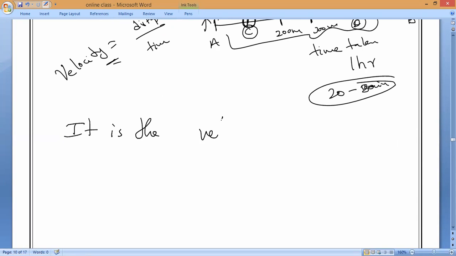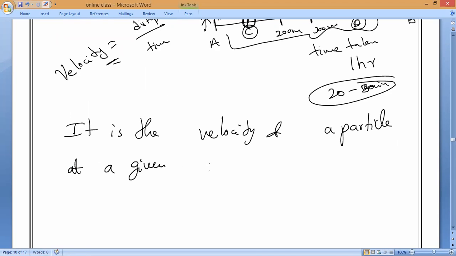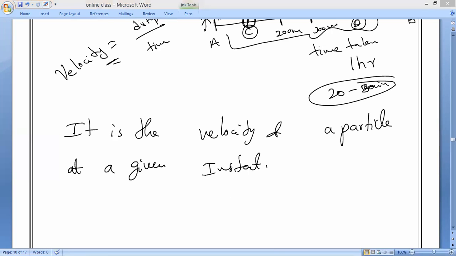The velocity of a particle at a given instant. At a given instant, so till here you can write it. Given instant, I-N-S-T-A-N-T, instant.